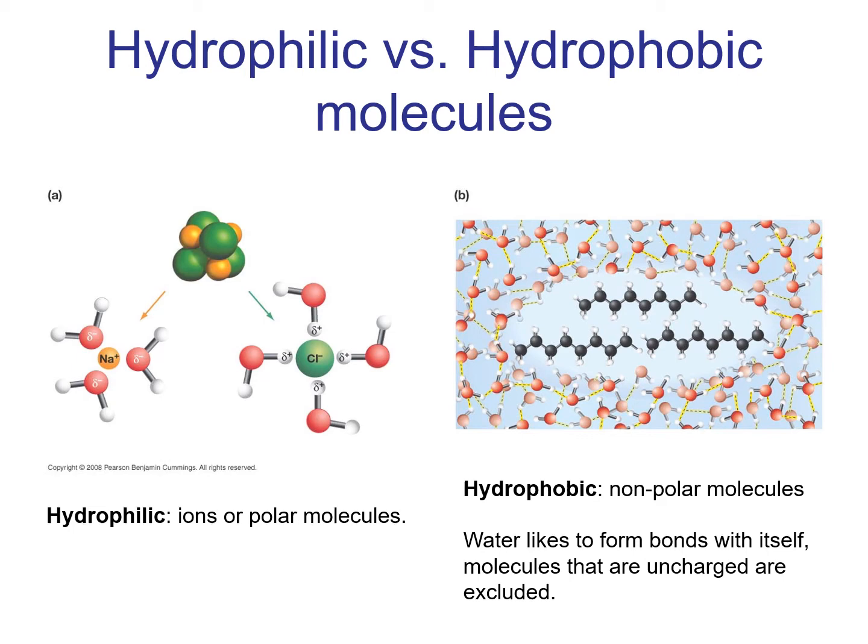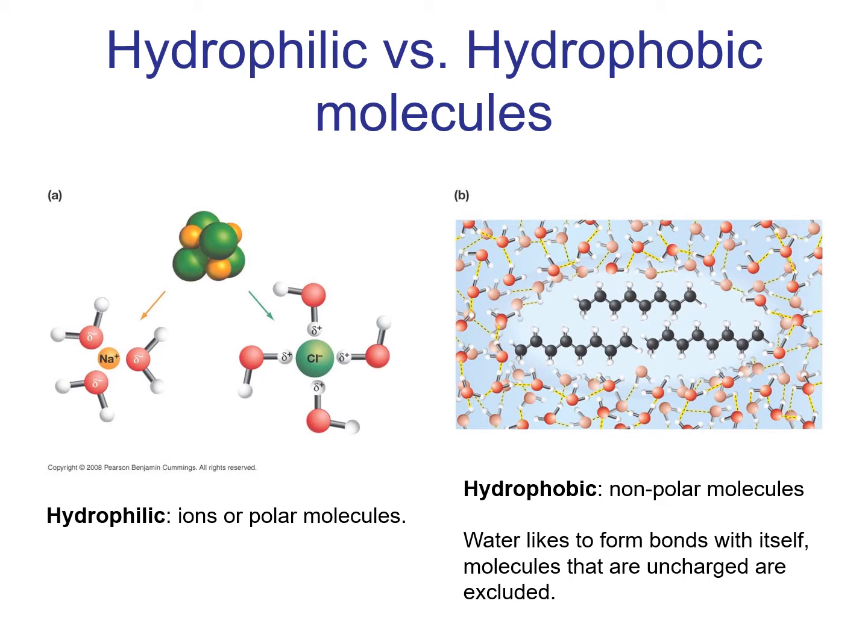Now, if we have a molecule that is held together by non-polar covalent bonds, it's going to be hydrophobic. And the reason for that is the electrons are going to be shared equally between the atoms. Doesn't give it a charge, not even a dipole, and that means that it won't interact with water very readily.